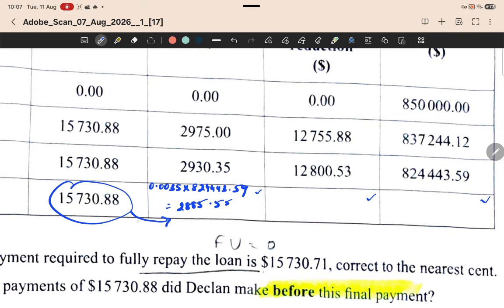Now, if you know the concept of reducing balance, it means that the repayment that you make goes towards the interest first, and the remaining goes towards the principal reduction, which further reduces your outstanding balance. So in order to calculate the principal reduction, it is the repayment per month, take away the interest, and that gives you a value 12,845.33.